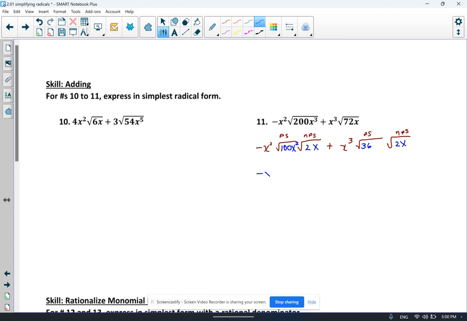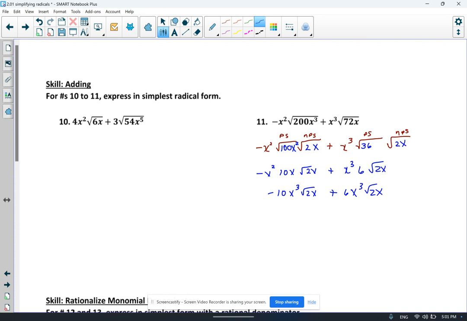So I carry down the negative x squared, and I know the square root of 100x squared is 10x, square root of 2x. And I'm going to carry down the square root of 36 is 6, square root of 2x. This could be written as negative 10x cubed square root of 2x plus 6x cubed square root of 2x.